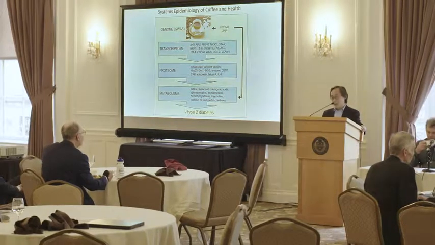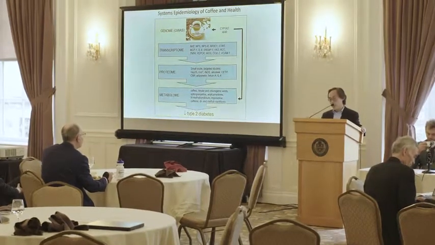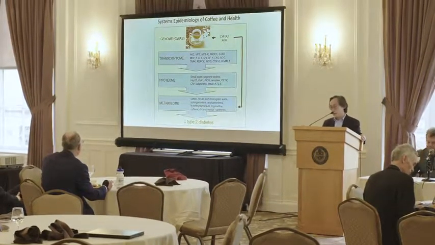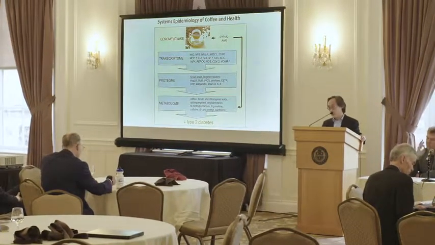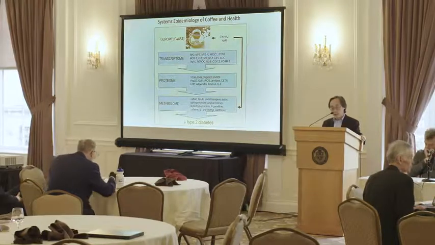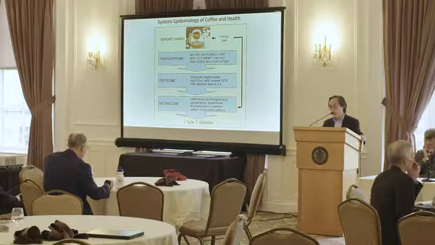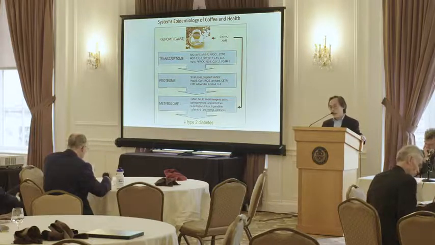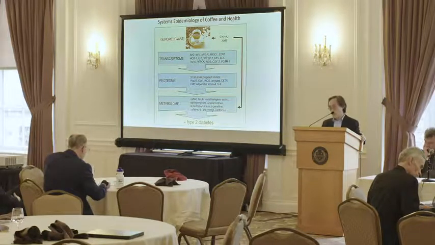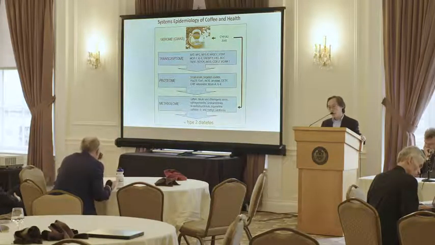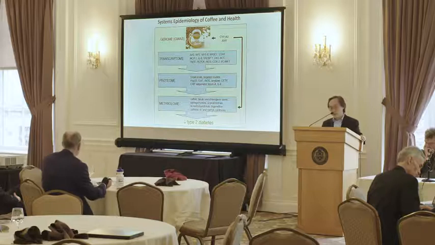But the data have been incredibly consistent, and it's not possible to do a large RCT to test whether consumption of coffee can actually reduce diabetes incidence. What we have been doing is to use various omics technologies to better understand the biological mechanisms through which coffee and different components of coffee affect the risk of insulin resistance and type 2 diabetes.